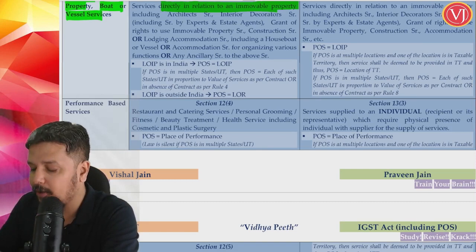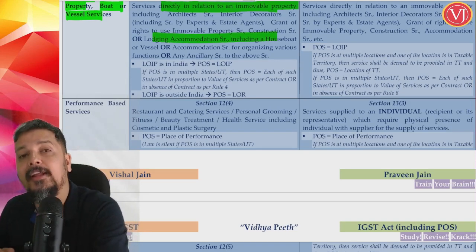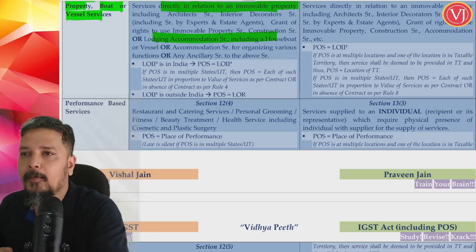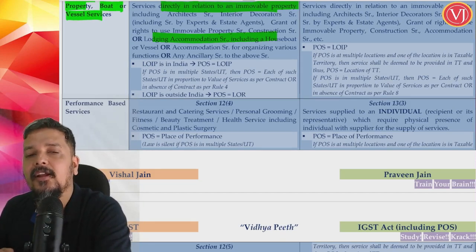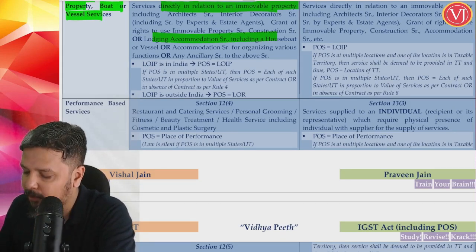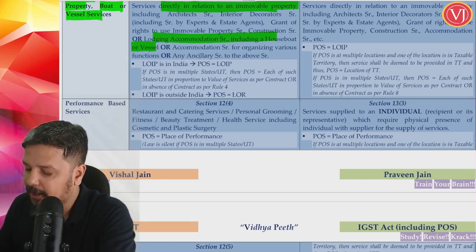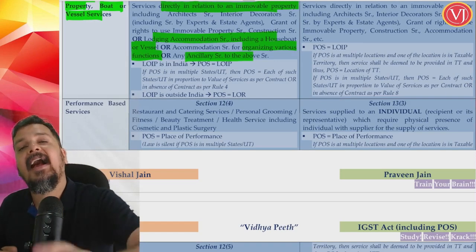Then they talk about your lodging or accommodation services, including houseboat or vessel. Initially, it was all about immovable property. Now, when it talks about lodging and accommodation services, not only at immovable property, but also at houseboat or vessel, or accommodation services for organizing various functions, and ancillary services that too.